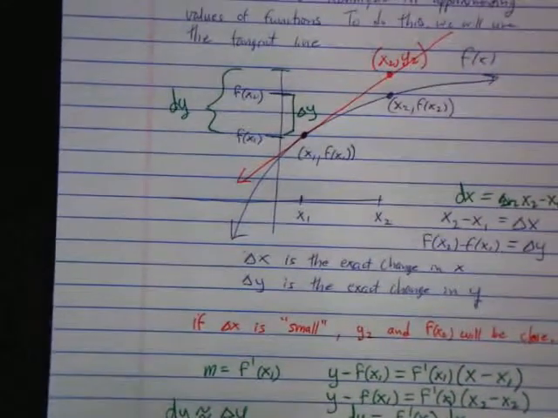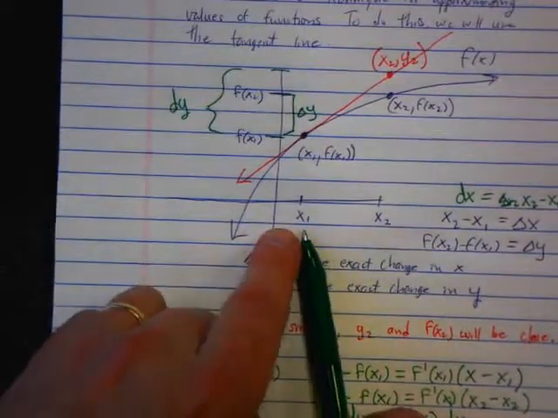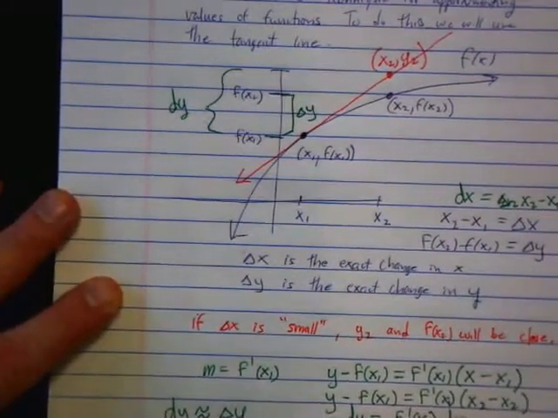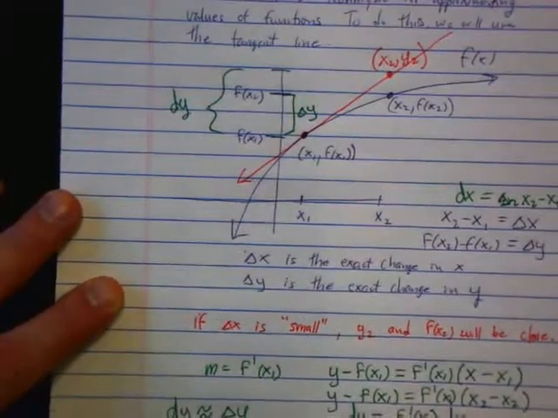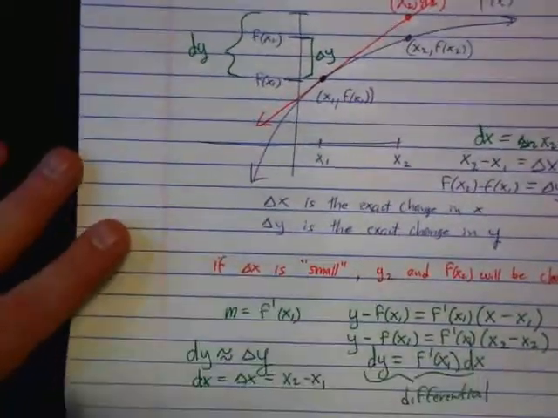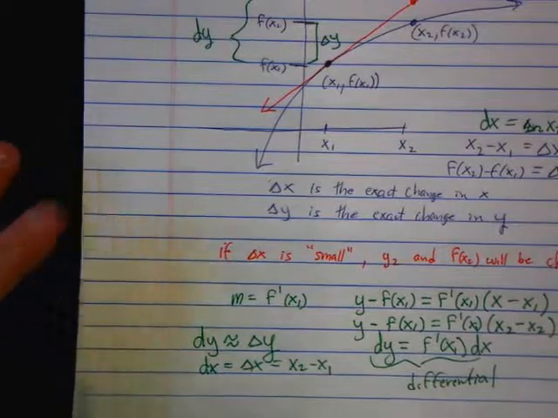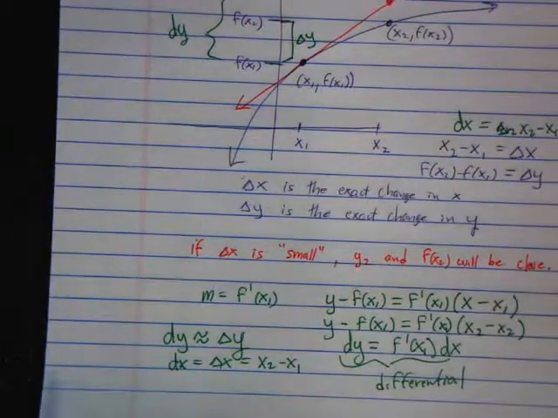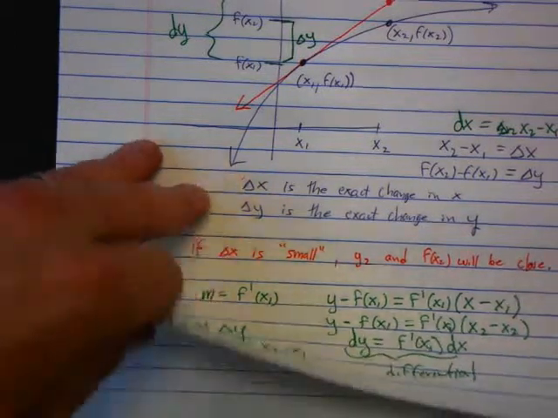Dx was x2 minus x1. Dx and delta x are exactly equal. Dy and delta y are approximately equal. They're close to each other. All right, so here's the idea behind this.